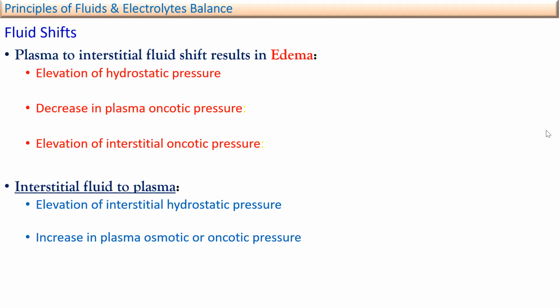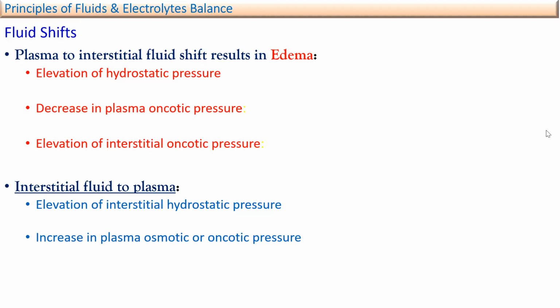The elevation of the hydrostatic pressure occurs, for example, in CHF, liver failure, liver cirrhosis, obstruction of venous return to the heart, like when there is a tourniquet, restrictive clothing, a tight bandage, or very tight dressing, especially circumferential dressing, and venous insufficiency, like in varicose veins, that will increase the hydrostatic pressure.